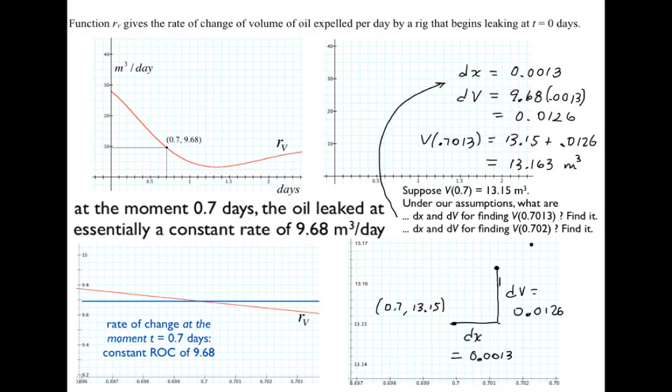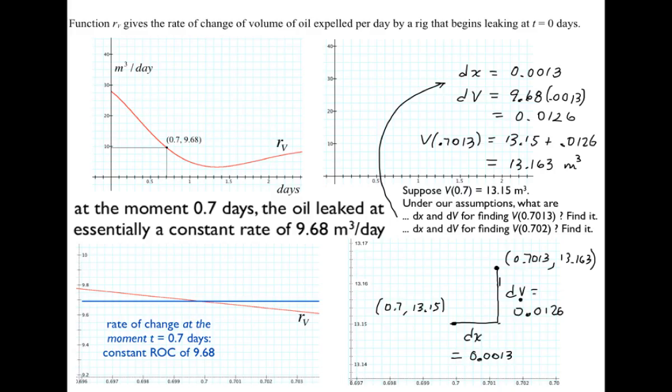Okay, and then that change in volume, we know, results in the final volume of 13.163, which is v of 0.7013. Okay, so we won't do the other one.